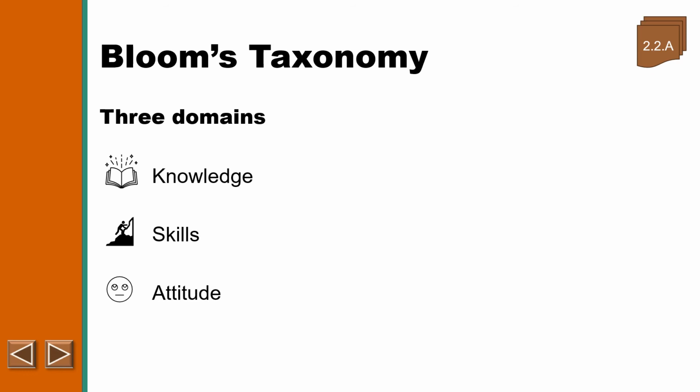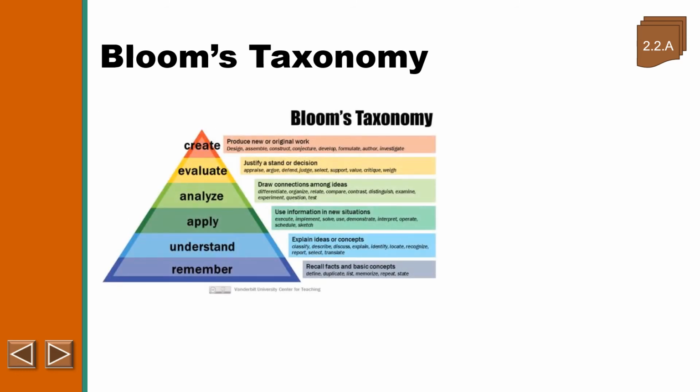But if it is knowledge, skills, or attitude, and it is going to be a training solution, another tool to use is the 6 levels in Bloom's taxonomy. This image comes from Vanderbilt's Creative Commons release.